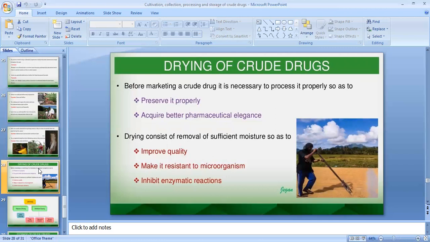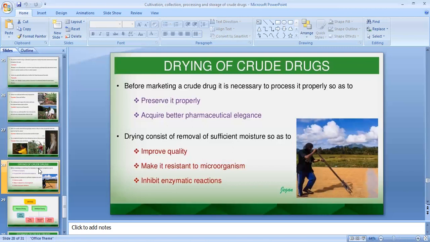It is necessary to process it properly so as to first preserve it properly, second acquire better pharmaceutical agents. So drying is a very important step for collection, processing and storage of crude drug.